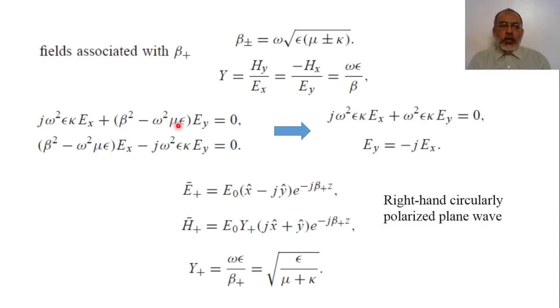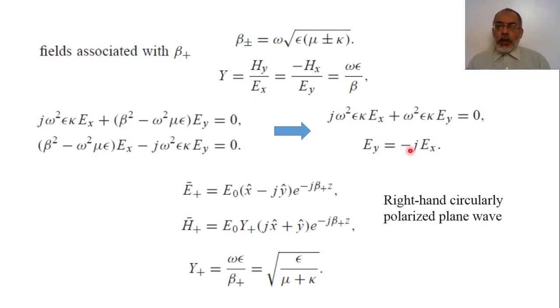And already we have omega squared mu epsilon, so the remaining part would be omega squared epsilon kappa. So beta squared minus omega squared mu epsilon, when we are using beta plus, would be omega squared epsilon kappa multiplied by Ey, while Ex is j omega squared epsilon kappa Ex, and this equation equals 0. This means that the value of Ey equals minus jEx.